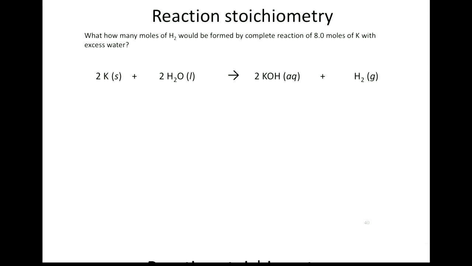All right, so here's another balanced chemical equation. Here, I'm asking you how many moles of hydrogen would be formed by the complete reaction of 8 moles of potassium, K. What I like to do is think, okay, we are given some amount of potassium, and we want to know how many moles of hydrogen are produced.